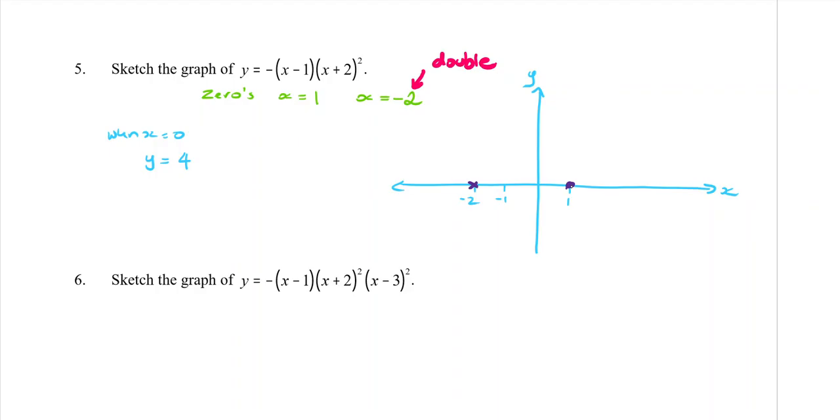Okay, so the y-intercept is at 4, which I'm going to approximately put here. So I know my graph has to come from the 4, roughly in between. It's going to be coming down through the 4 and through the single 0, which is the 1. Then on the other side, it's going to come around and it's going to bounce off the -2. The double bounces.